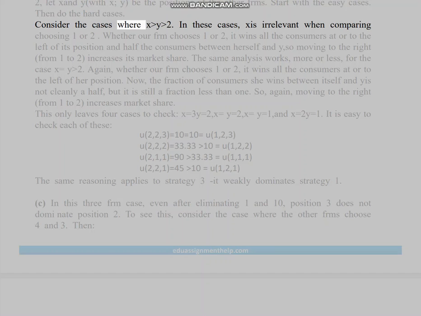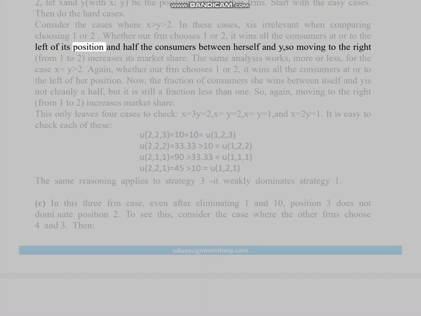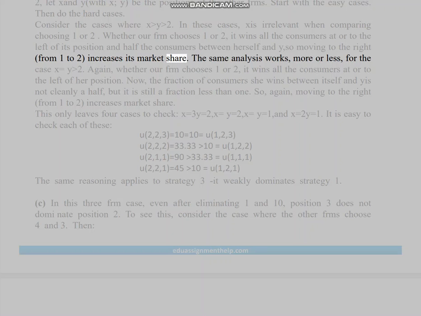Consider the cases where X is greater than Y, greater than 2. In these cases, X is irrelevant when comparing choosing 1 or 2. Whether our firm chooses 1 or 2, it wins all the consumers at or to the left of its position and half the consumers between itself and Y, so moving to the right, from 1 to 2, increases its market share.